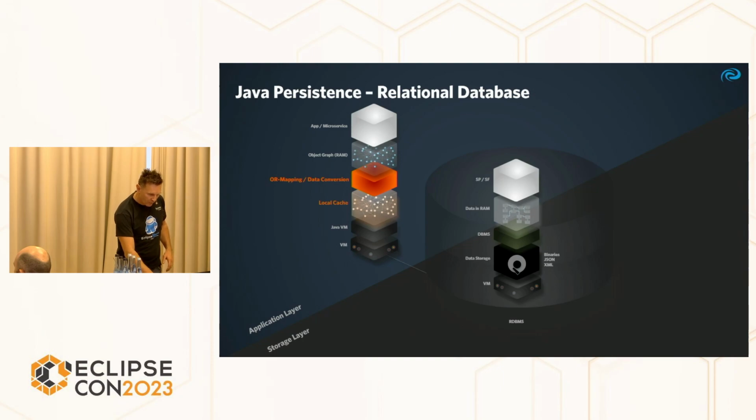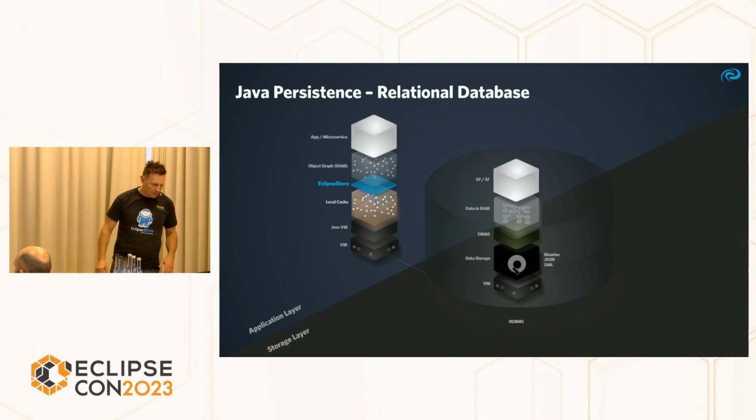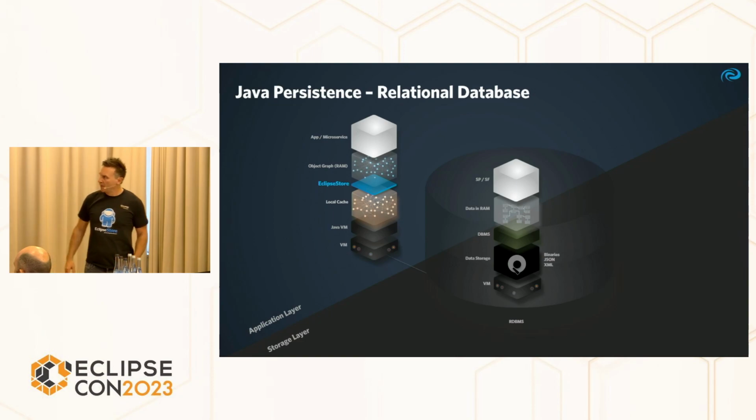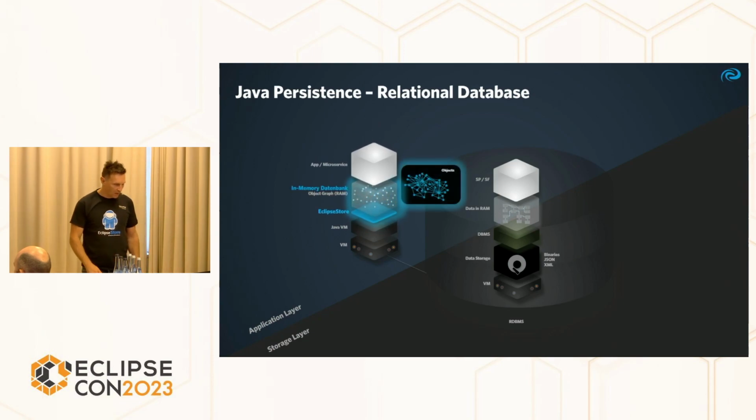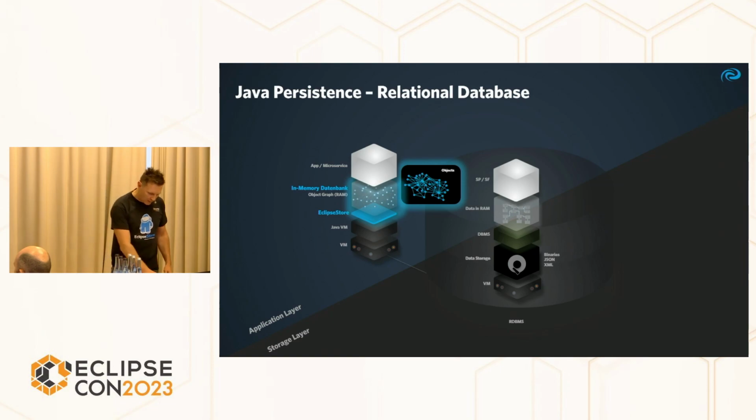So now we replace Hibernate with EclipseStore, or data conversion if you use a NoSQL database. We keep data in memory and we search in memory, which means we don't need a cache anymore, so we can skip the local cache. And we use the object graph in memory as an in-memory database.